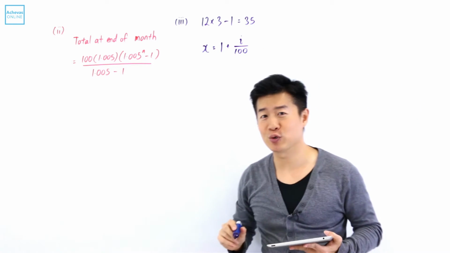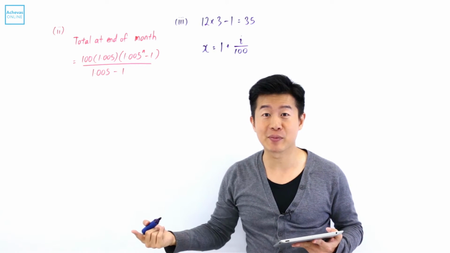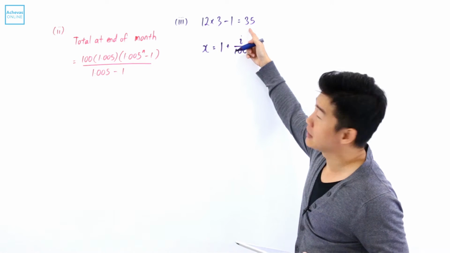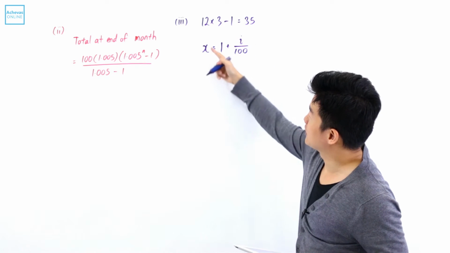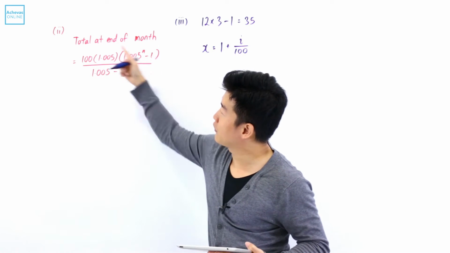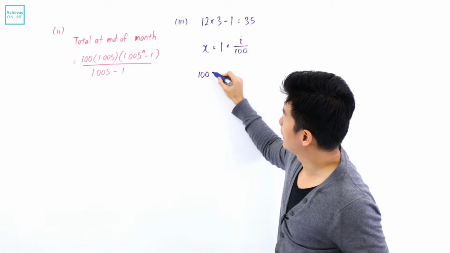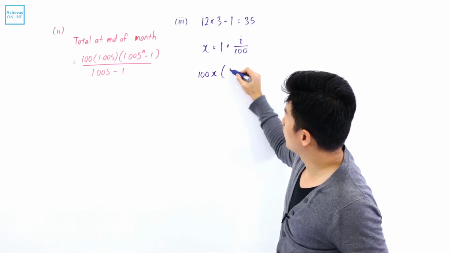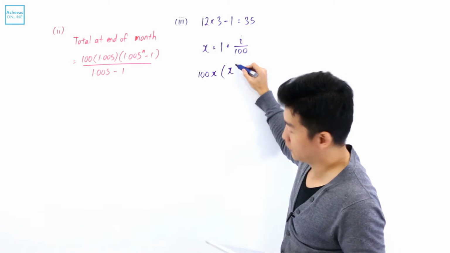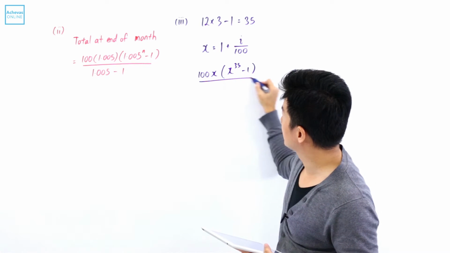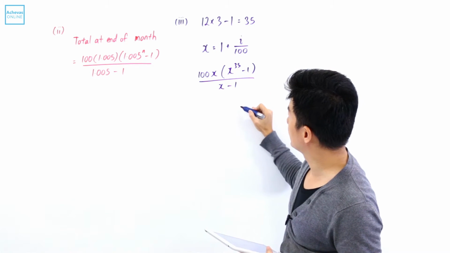So what is the total value of Mr. B's account on the 2nd of December 2003? For 35 months, the interest is being imposed. So it is going to be 100 multiplied by x, then x to the power of 35, minus 1, divided by x minus 1.